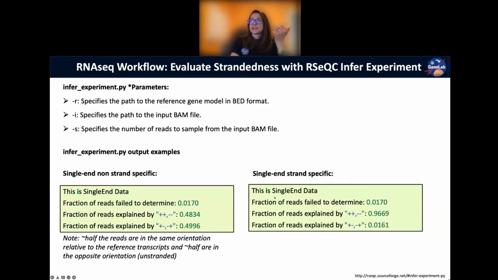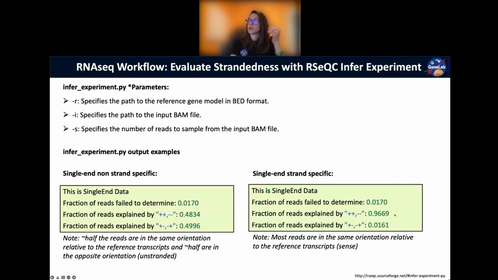If you have strand-specific single-end data, what you'll see is something like this. If you look at this number here, this is the fraction of the reads that are in the same orientation as the reference. So again, if the reference is in the positive direction, the read is also in the positive direction. If the reference is in the negative direction, the read is also in the negative direction.